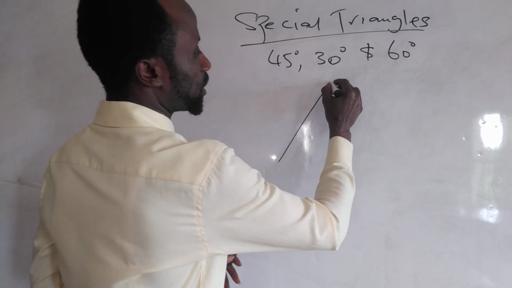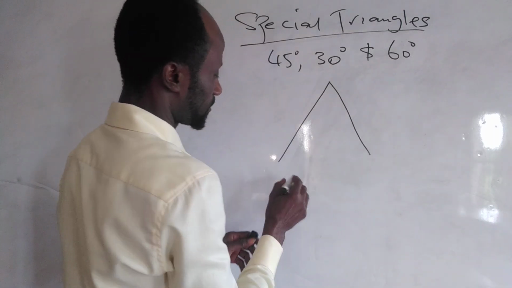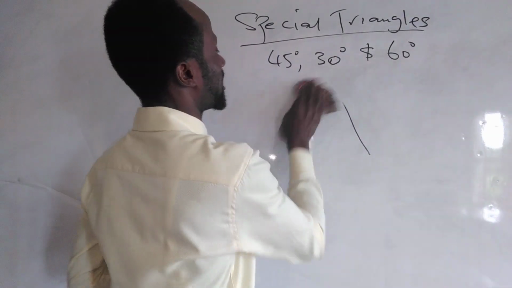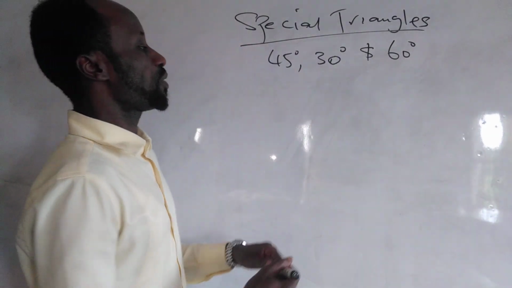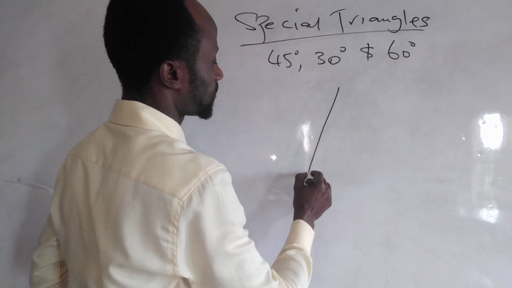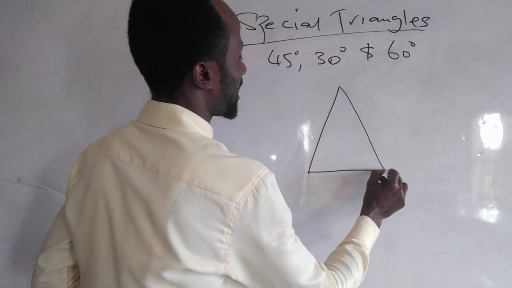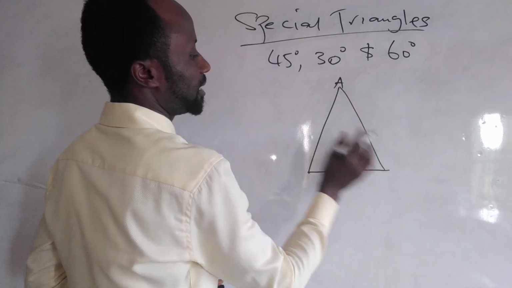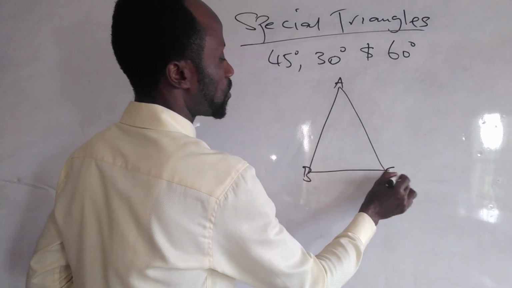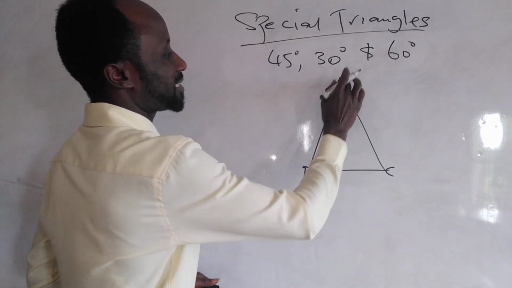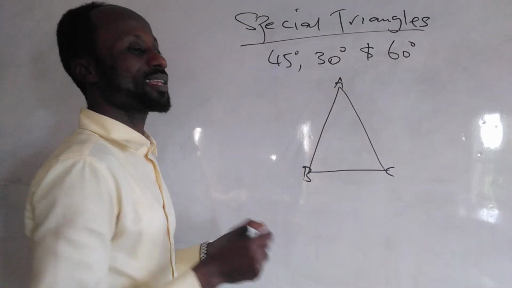Look at the picture of an isosceles triangle. Okay, let me close it a little bit so that it will not be as equilateral. An isosceles triangle is that triangle that has both sides here equal. That means side AB and side AC are equal.